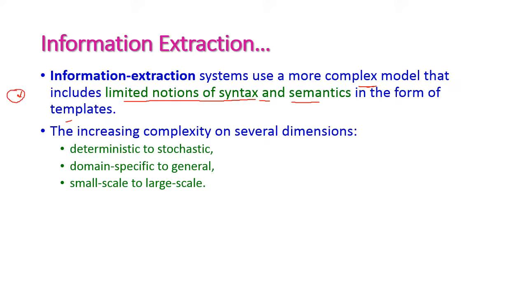Why? Because the complexity will get increased day by day, that is deterministic to stochastic, domain specific to general, and small scale to large scale. That is, the domain got increased day by day, hence the system uses more complex model with limited notation of syntax and semantics, right?